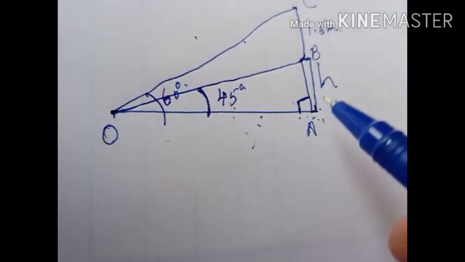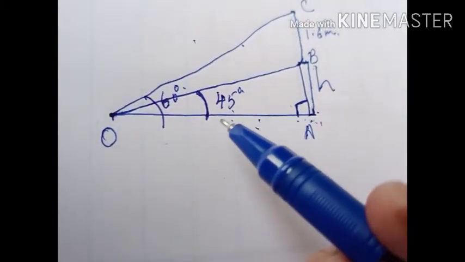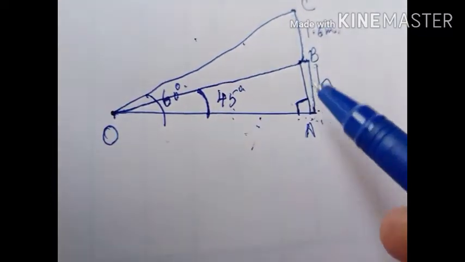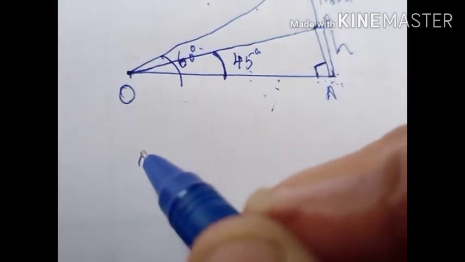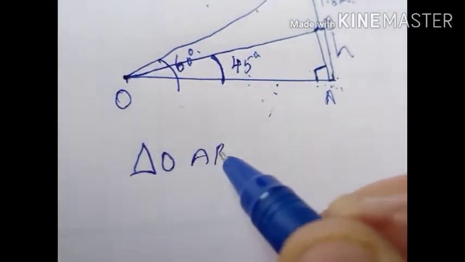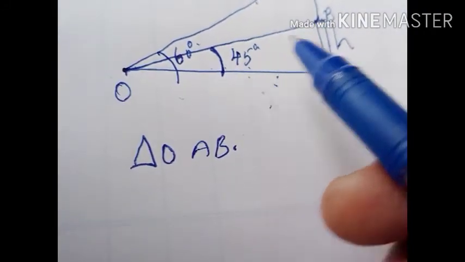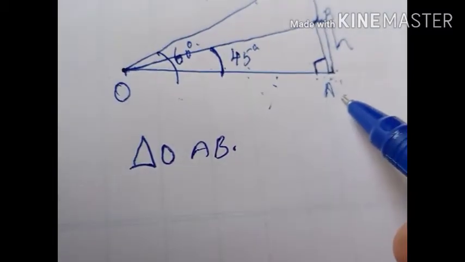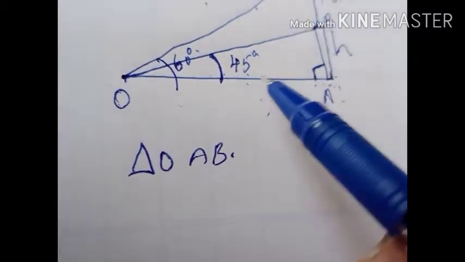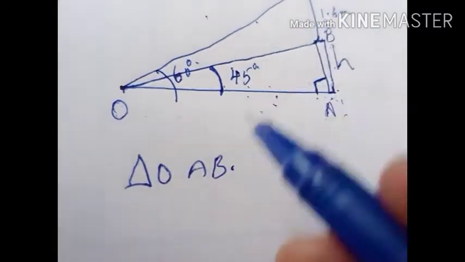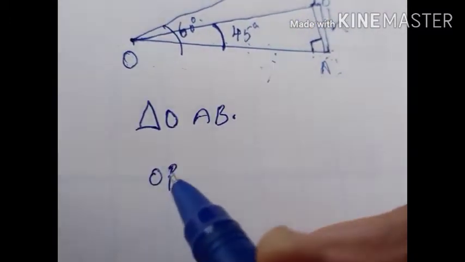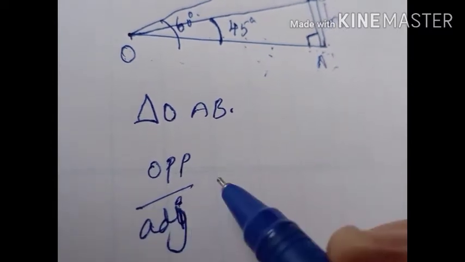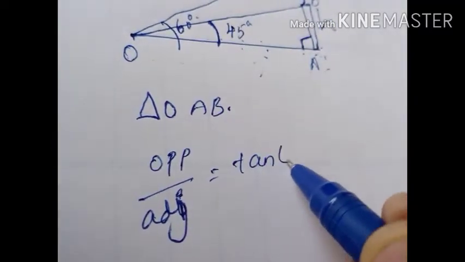So anyway we can write first right triangle OAB. Consider right triangle OAB first. Theta is 45 degree. Opposite is h. Adjacent is OA. OA is common for both right triangles. So here opposite by adjacent is tan theta.